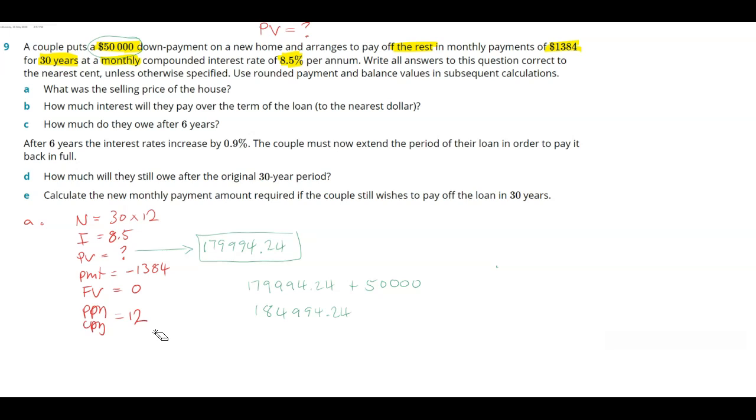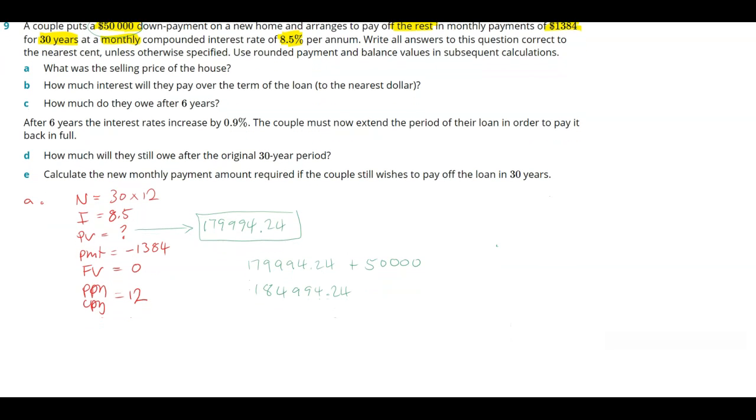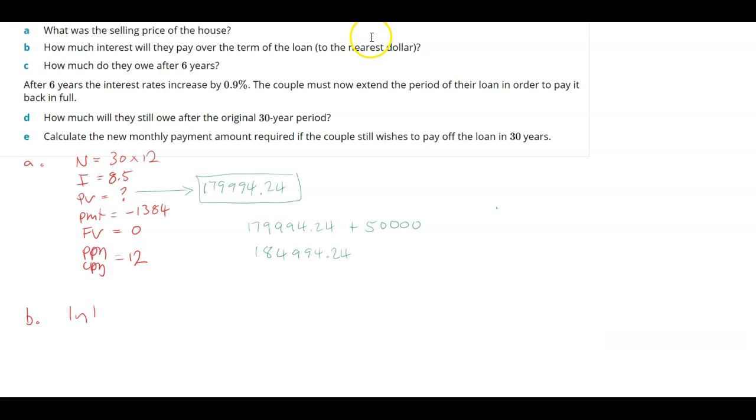Now for part B, how much interest will they pay over the term of the loan. To work out the interest of a whole loan, remember that interest is effectively like the bank's profit, and you work it out as the total repayments minus the principal value.